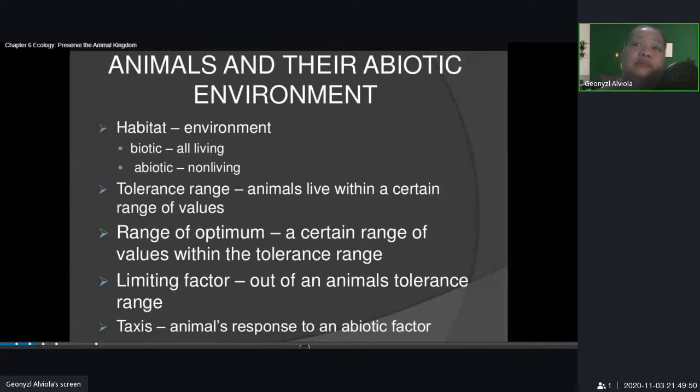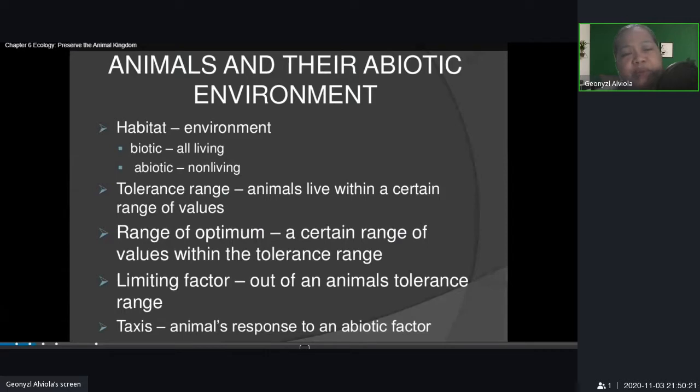So in short, bacteria to the largest living organism like the elephant. Then abiotic involves the non-living things like rock, soil, air, water, light, and other chemicals. Those are non-living components.